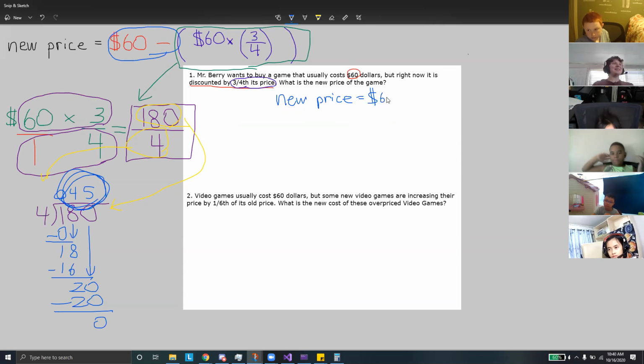So $60 is the original price minus how much it's discounted by. And we found out the discount by doing $60 times 3 over 4 gives us $45. So $60 minus $45. And so the new price, and make sure to include your dollar signs so we know what we're talking about.